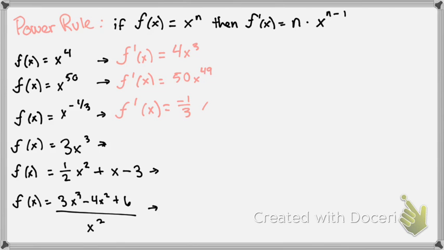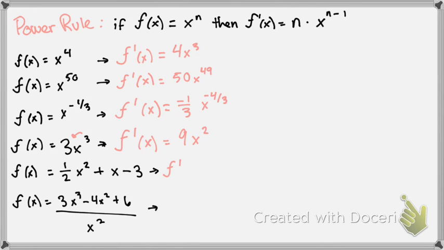And then we're just going to write x, and x to the negative 1/3 minus 1 is going to be negative 4 over 3. Let's continue on. F prime of x is equal to 9, because we're doing 3 times 3, x to the second.